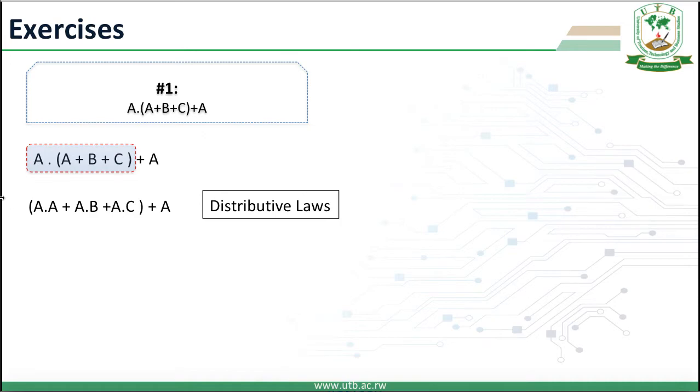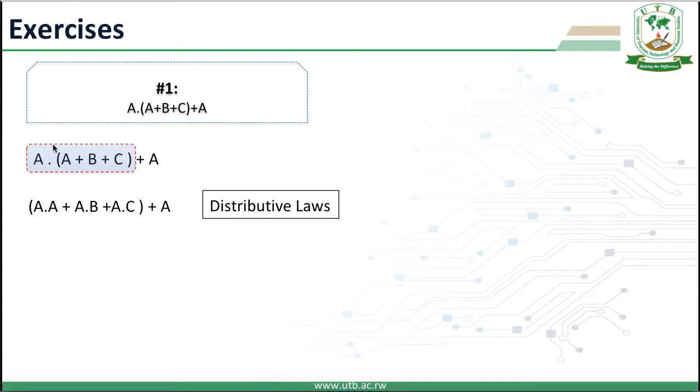So I multiply a with a: a times a, then a times b, that's why plus ab, then a times c, that's why plus ac. Because of the distributive law. What law did you apply? We have to apply the Boolean algebra step by step in order to simplify the given complex Boolean expression.